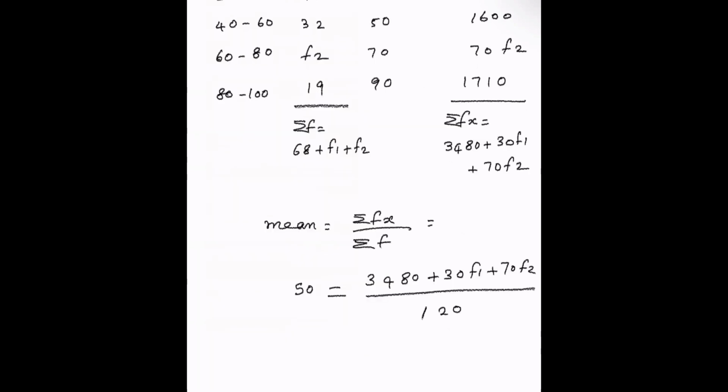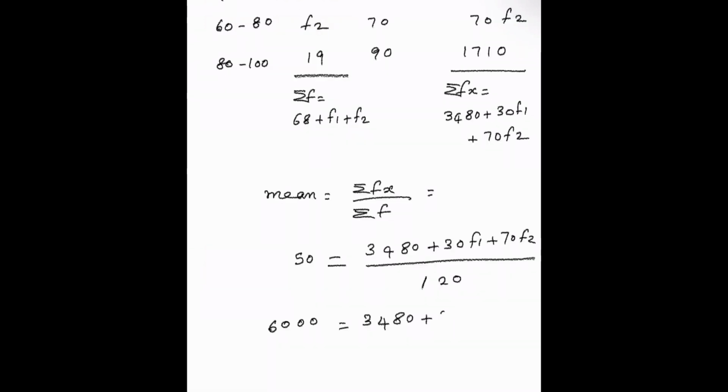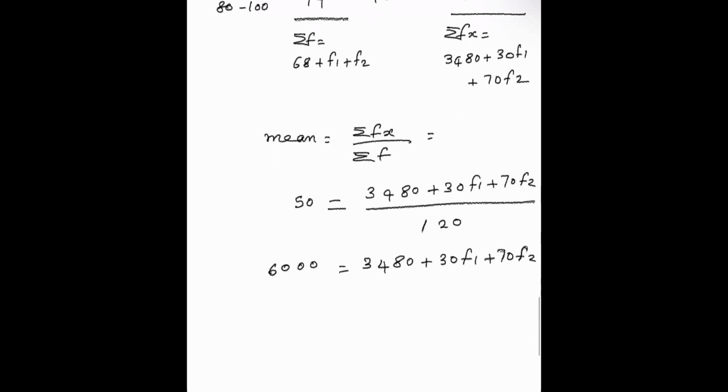Let's form an equation using this. Now take this to this side. I am getting 30 f1 plus 70 f2 is equal to 6000 minus 3480, which is 2520.